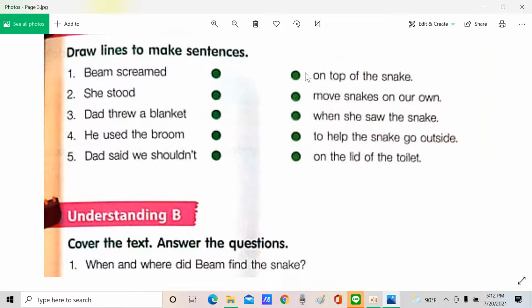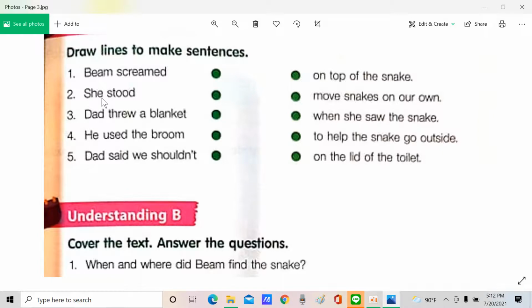And then you have to choose. Screamed on top of the snake. Beam screamed moves snakes on her own. Beam screamed when she saw the snake. Could it be Beam screamed to help the snake go outside? Or Beam screamed on the lid of the toilet? You have to think and decide which one is the correct set of words to make a sentence.